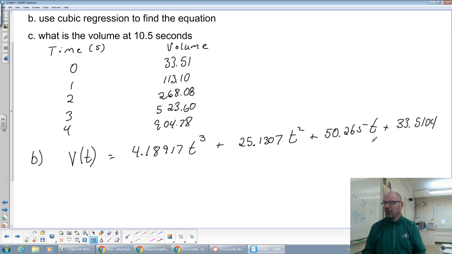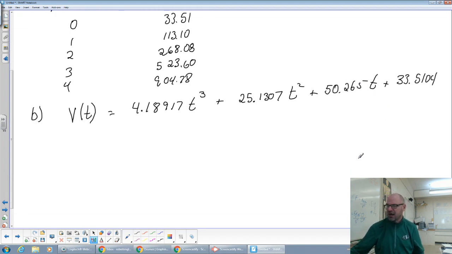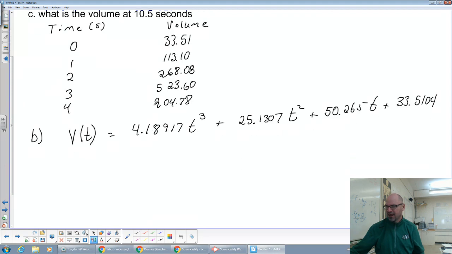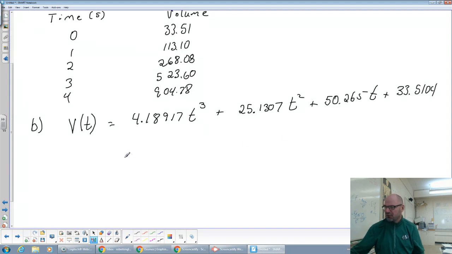Okay, so now it asks us, what if they want you to extrapolate at 10 and a half seconds? We can do that with our calculator using this equation, or we could do it on the graph.